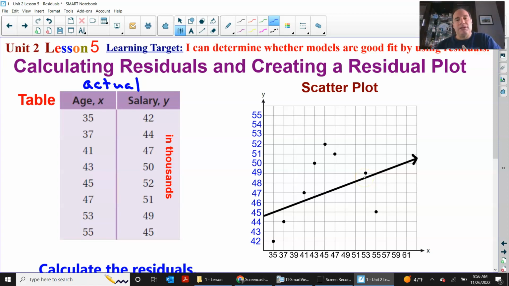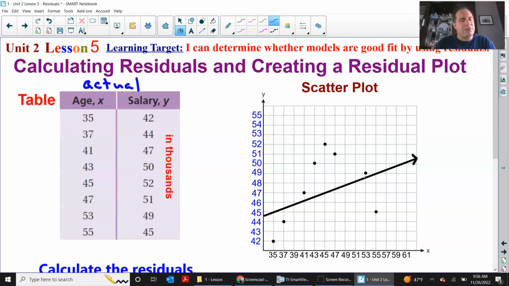The trend line is going through the center of those points as best as possible. You're looking at this and you're saying, all right, that trend line, I don't even know if I would draw that trend line. But for this purpose, we're just saying, okay, that's the trend line.